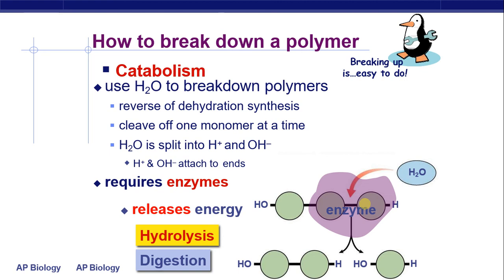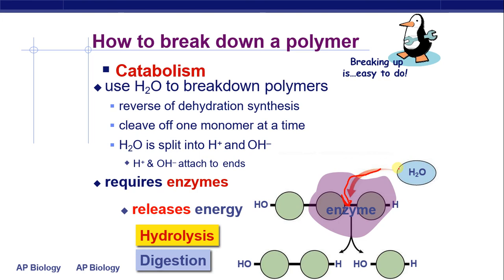We can also do an opposite catabolic process. The reverse of dehydration synthesis is called hydrolysis. It's called hydrolysis because hydro, water, lysis, to break. We break a covalent bond using water. And it's just the opposite of dehydration synthesis.